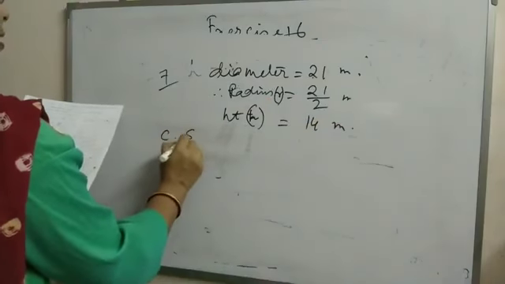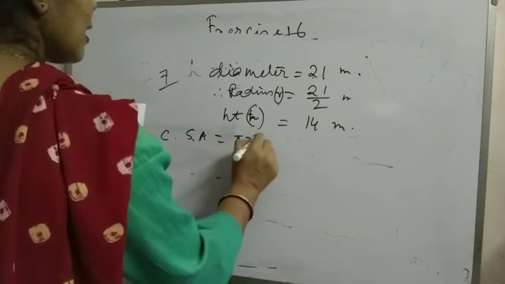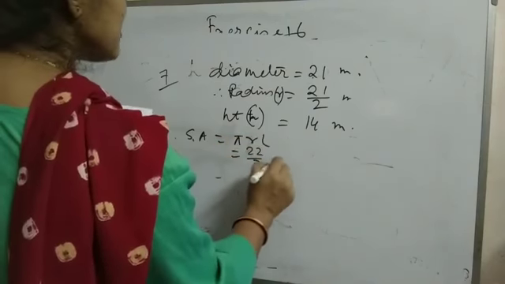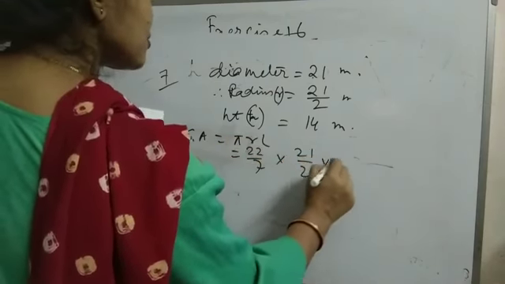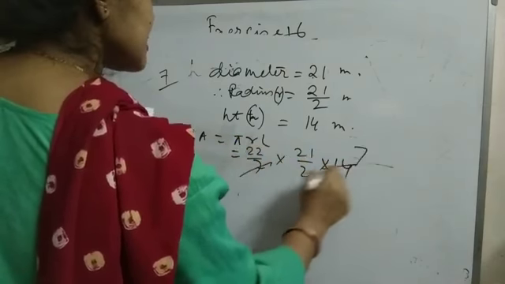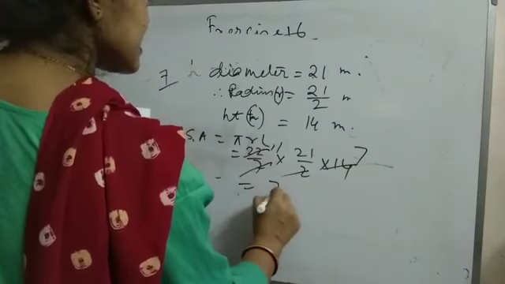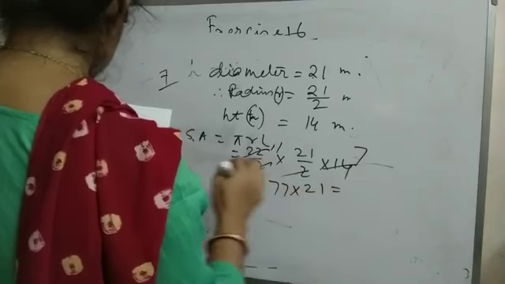Curved surface area, πrl: 22 by 7 into 21 by 2 into 14. This is 77 into 21.